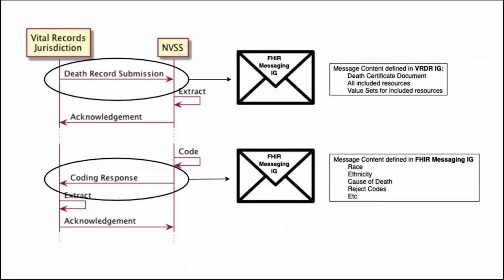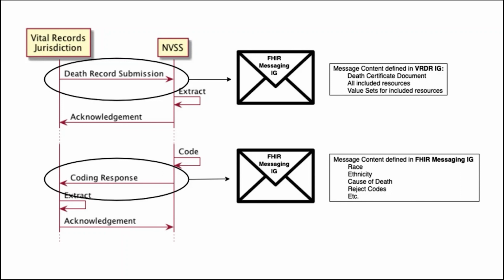This diagram basically, at a very high level, captures that flow. On the left-hand side, there's a diagram that has 2 sides, the vital records jurisdiction and the National Vital Statistics System. A death record submission, which is a post, makes use of the FHIR messaging implementation guide to provide essentially the envelope.